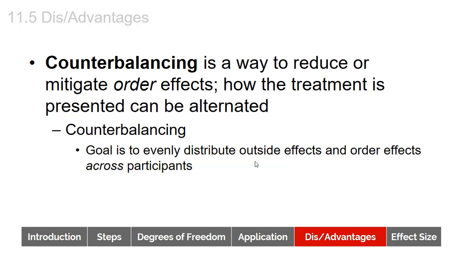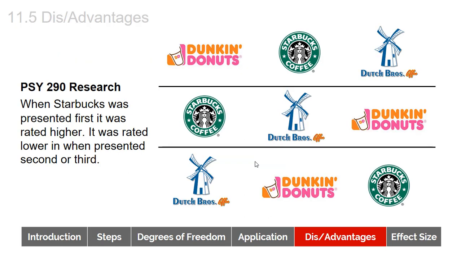What we do as researchers is we vary how the treatment is presented. So if I have two separate types of situations, I'm going to maybe give half of my participants the first type of situation and the other half the second type of situation. Let's see what this might look like.